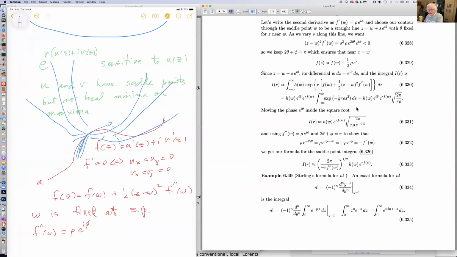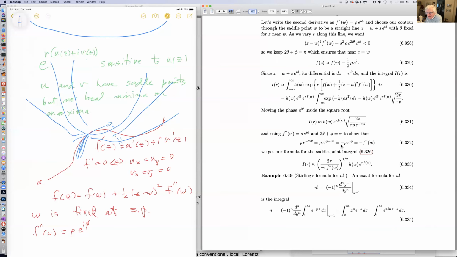So what I like to do is to take this phase factor and move it inside the square root, leave h outside, leave this outside, and now we know that f double prime is rho e to the i phi, and we know we fixed 2 theta plus phi equal to pi. So we can say that rho e to the minus 2i theta is rho e to the i phi minus i pi.